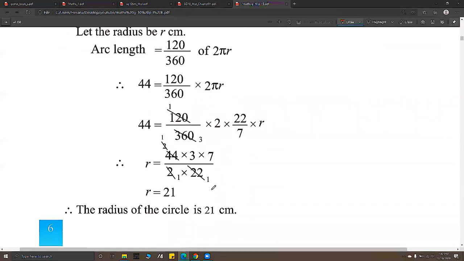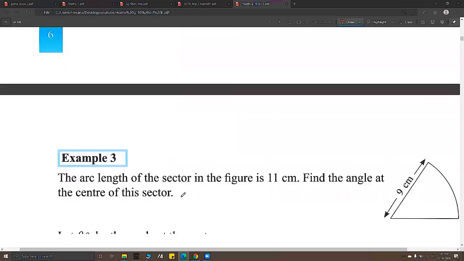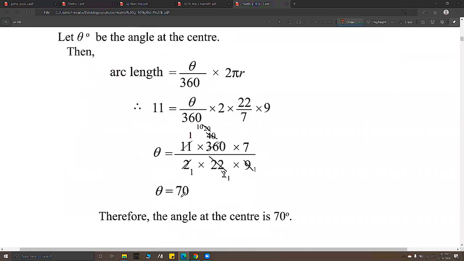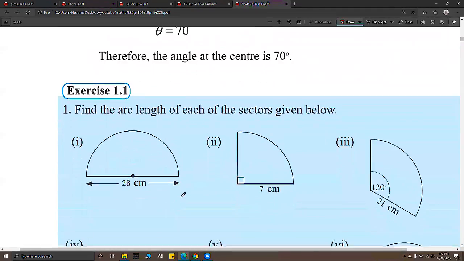So you can get the answer very easily. r equals 21. So example 3 is also the very same thing. So you just do these examples and go into the exercises.